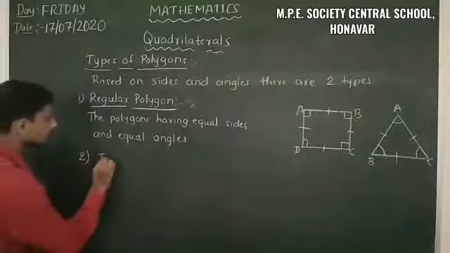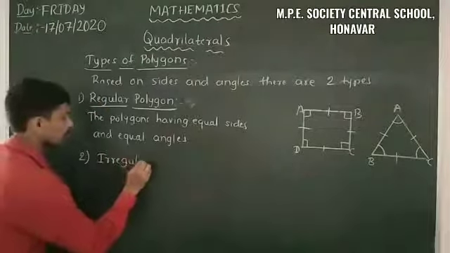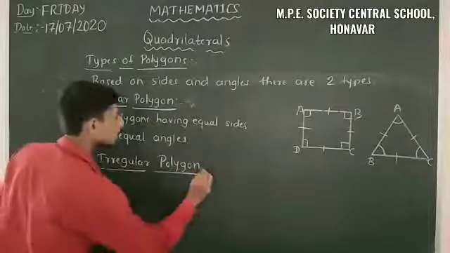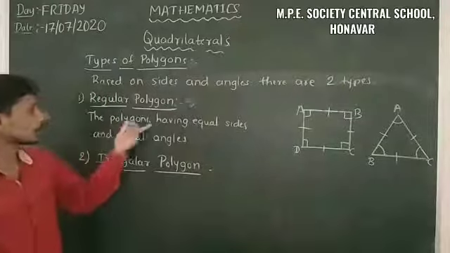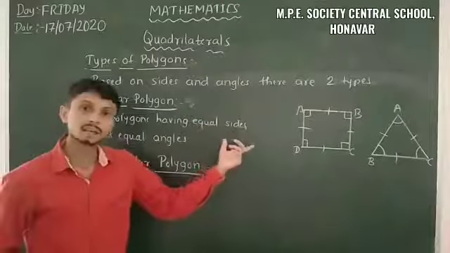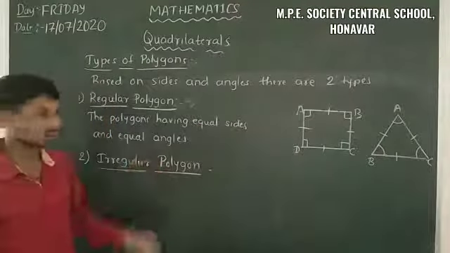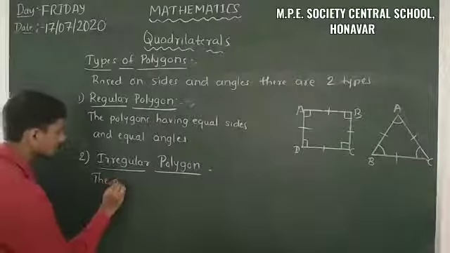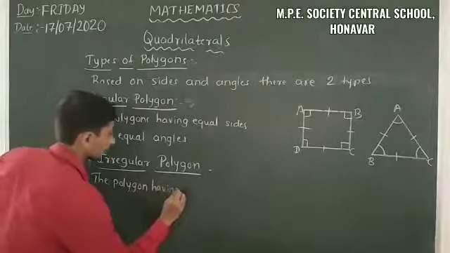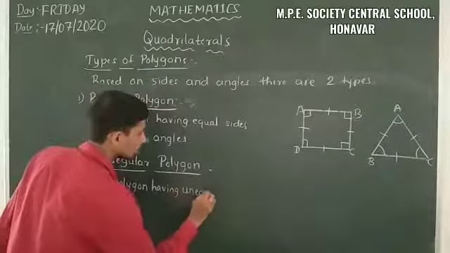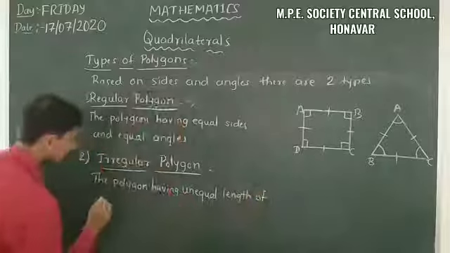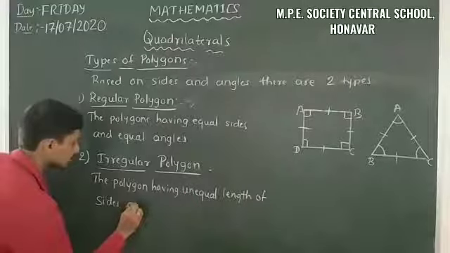Secondly, the irregular polygon is the polygon having unequal length of sides and angles.